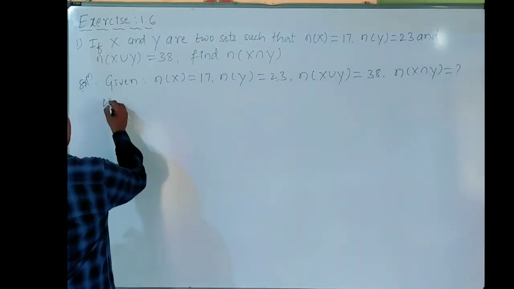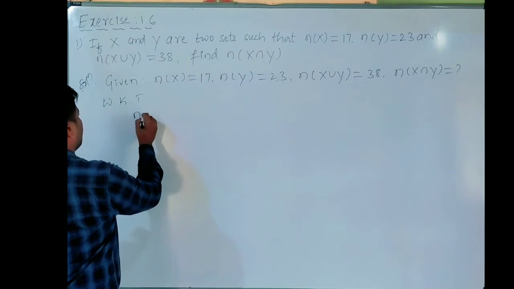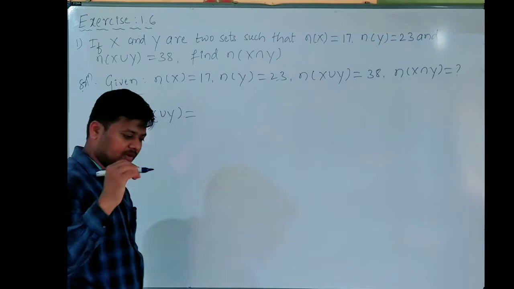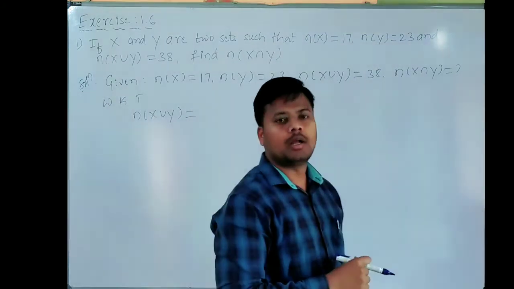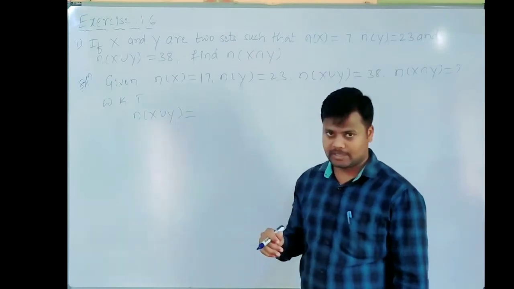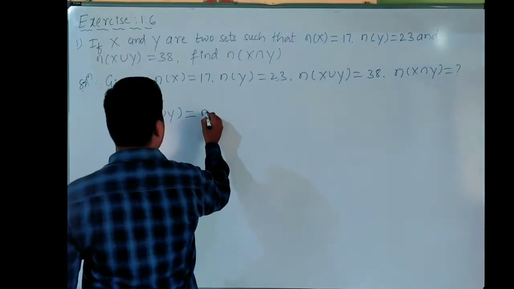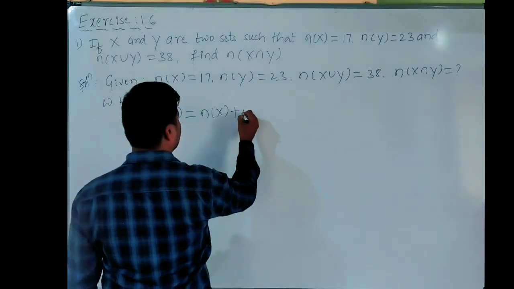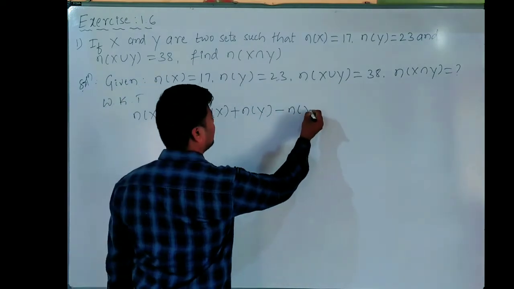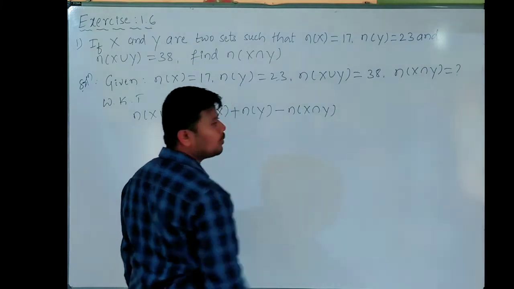We know that n of x union y equals, from the previous class formula, the number of elements in set x plus the number of elements in set y minus the number of elements in x intersection y.